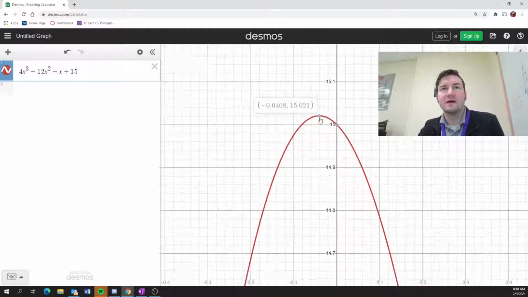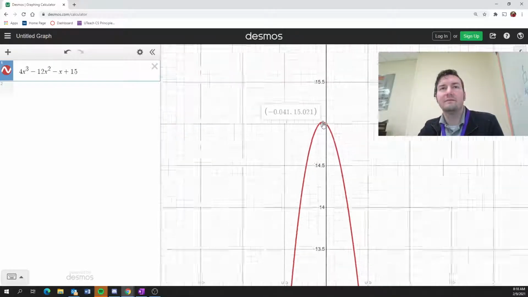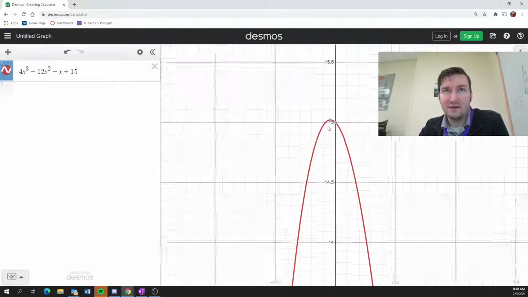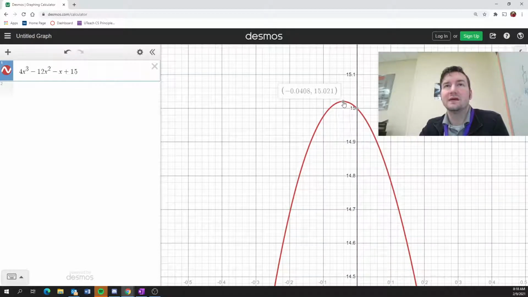So we can say that this point right here is a local maximum. It may not be the maximum point on the graph because these points over here are obviously higher than this point right here, but it's a local maximum, which means in this local area, this is a maximum point.